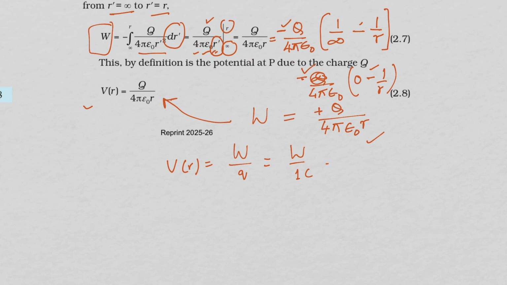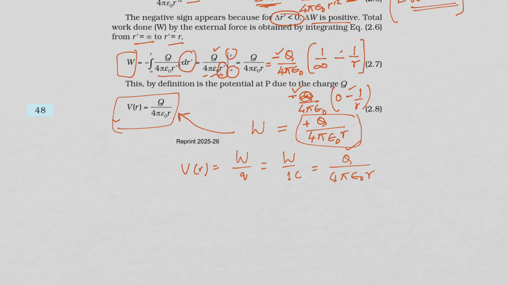So this will be exactly equal to what we got from the work done, that is Q upon 4 pi epsilon naught R. And this what you see it here. So potential at a point P due to a point charge is Q, the point charge, upon 4 pi epsilon naught R. R is the distance from origin to the point where we want to find the potential.